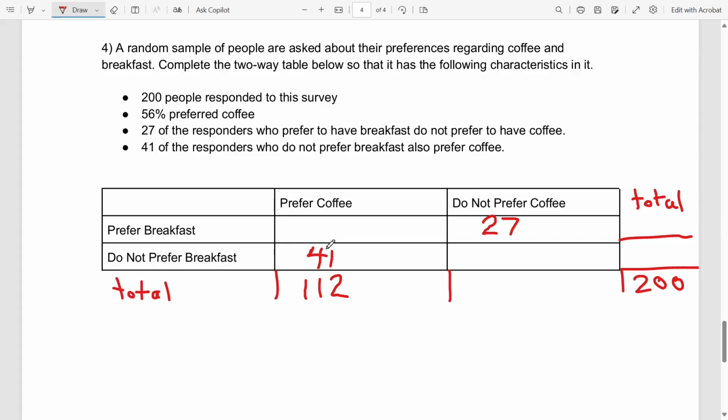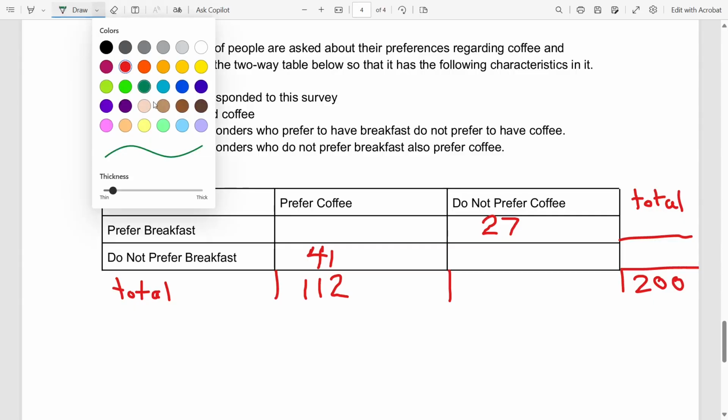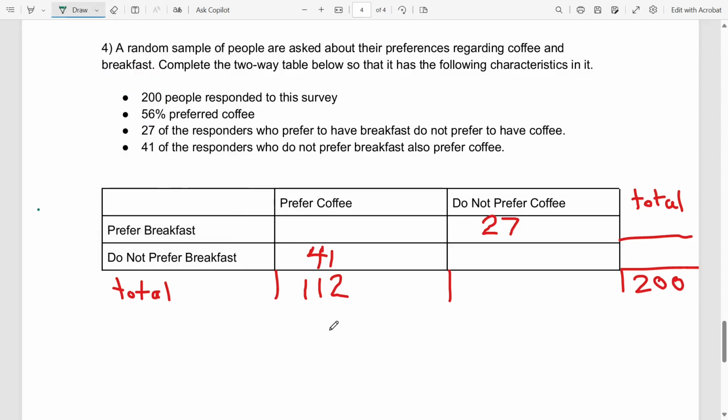All right, so if we want to continue to fill this out, to get the amount that prefers breakfast and prefers coffee, we're going to do 112 minus 41, and that's going to be 71.